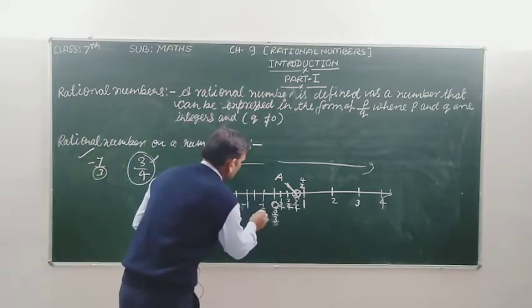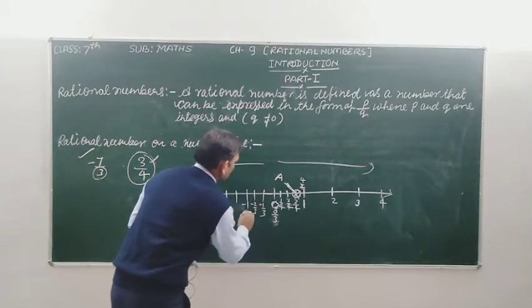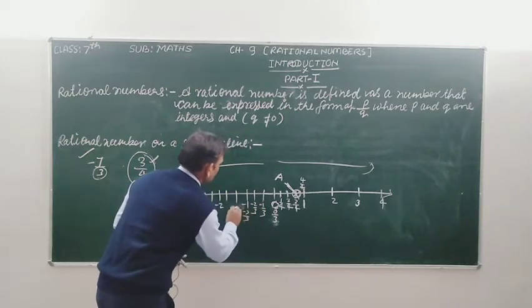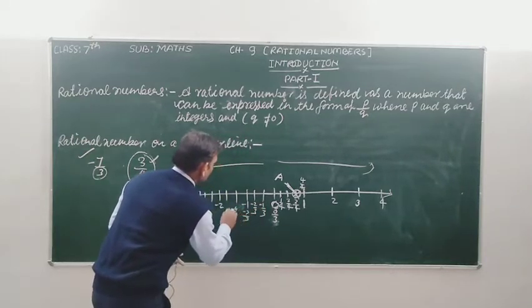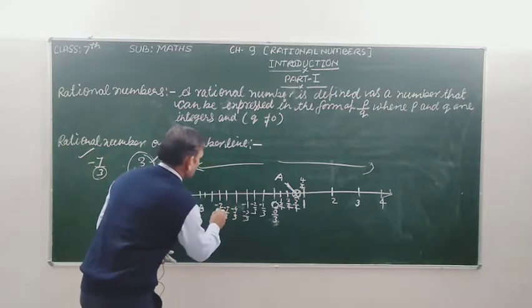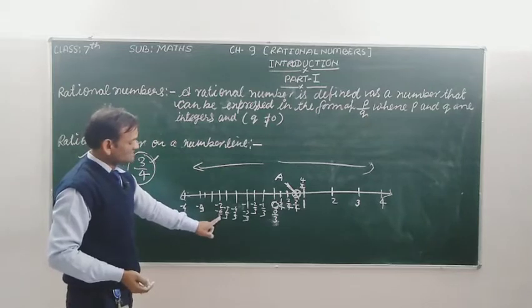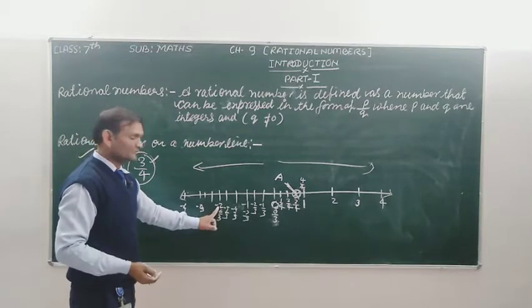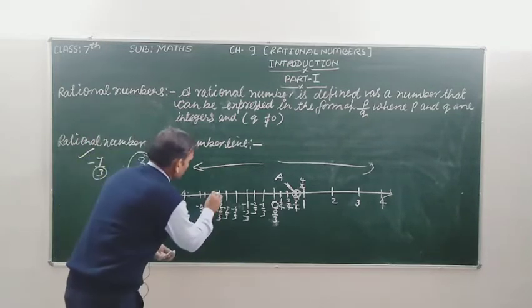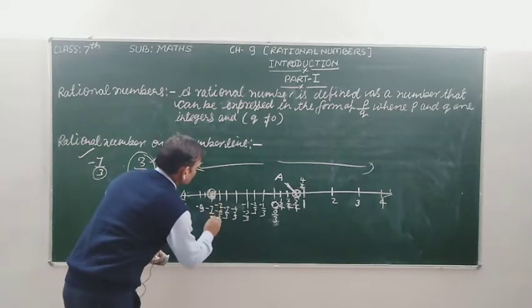So minus 1/3, minus 2/3, minus 3/3, minus 4/3, minus 5/3, minus 6/3. You are seeing here that when you divide minus 6 by 3, you get minus 2. Minus 6/3, and this mark shows minus 7/3.